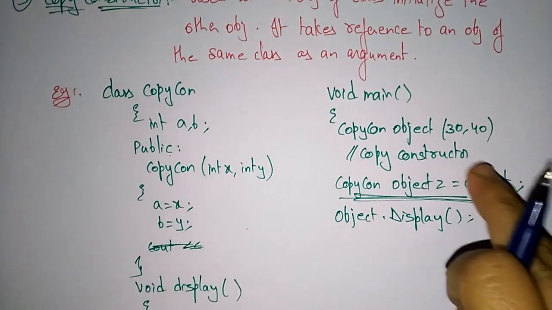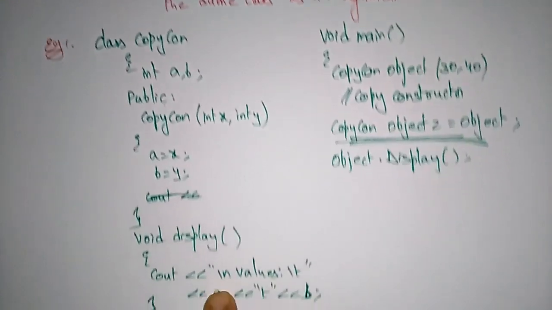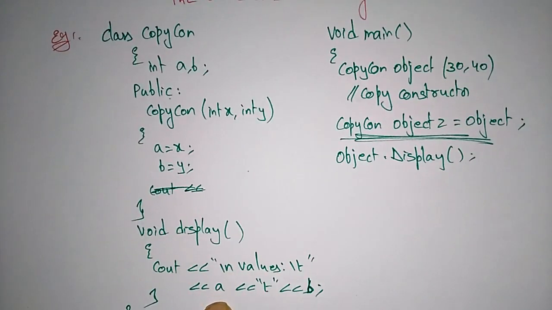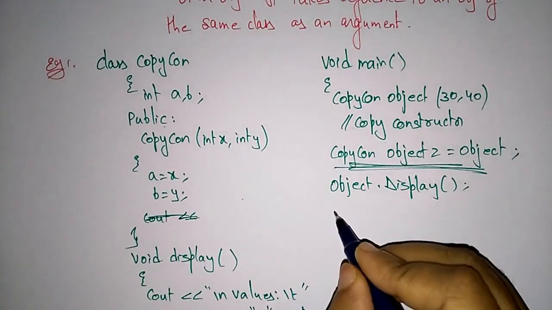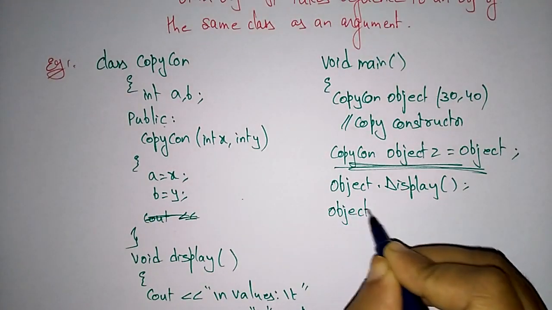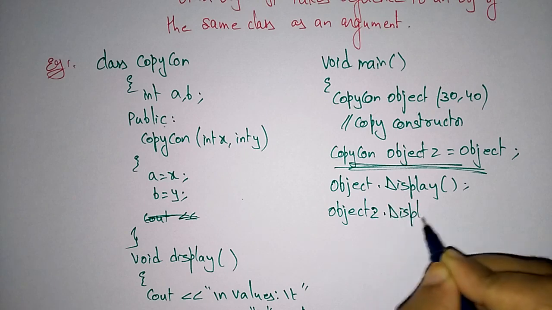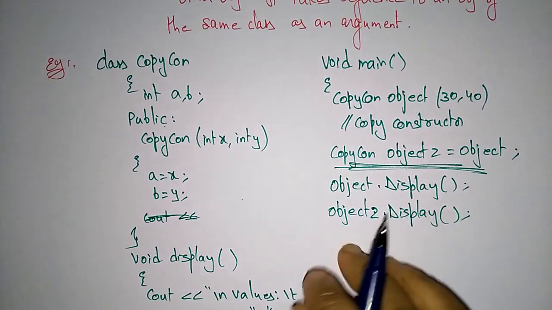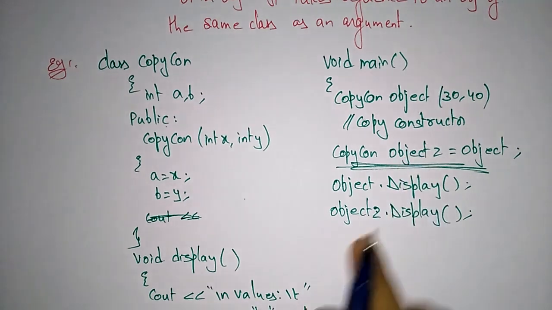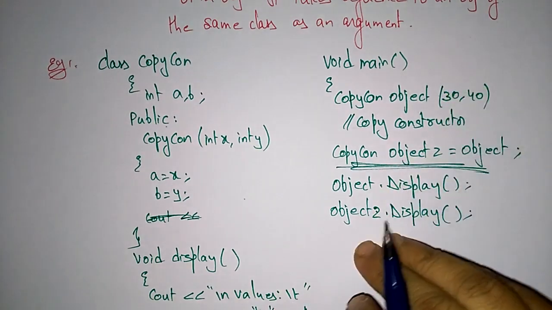First it enters the display section and prints a is 30 and b is 40. Again object2.display. Now it prints again for object2 because the values are copied here.